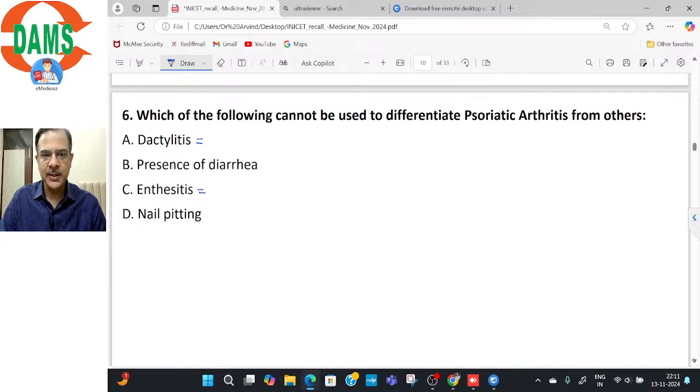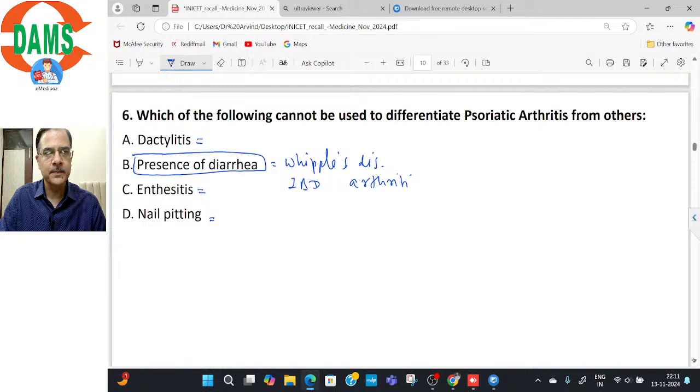Enthesitis can be present, nail pitting can be present, while the presence of diarrhea is associated with Whipple's disease arthritis and IBD associated arthritis. Psoriatic arthritis is not typically associated with diarrhea. So the answer will be B option.